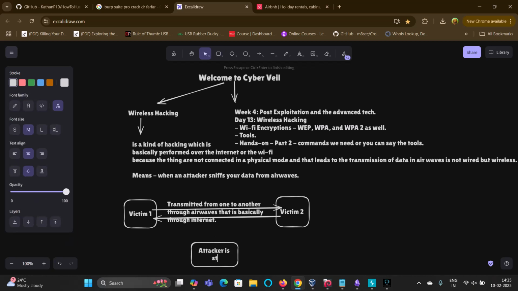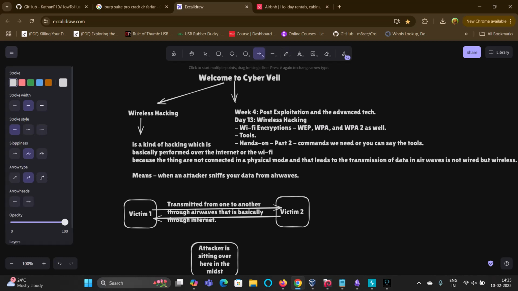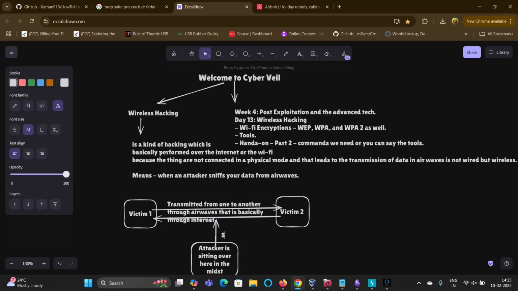The attacker is sitting over here in the midst, and what he or she is doing is sniffing the data which is being transmitted from one victim to another victim, and that would lead to data being stolen through wireless hacking. Understood, guys? So that's how we perform wireless hacking.